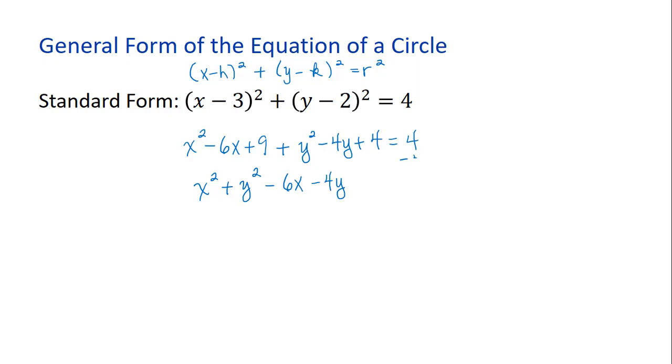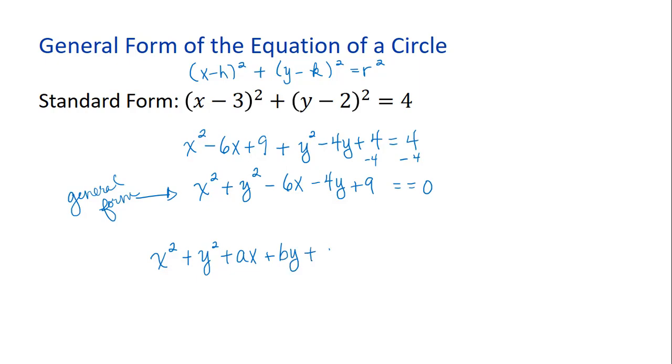And if we subtract 4 from each side, notice that we get plus 9 equals 0. This is called the general form of a circle. More generally, we write the general form as x squared plus y squared plus ax plus by plus some constant c is equal to 0.